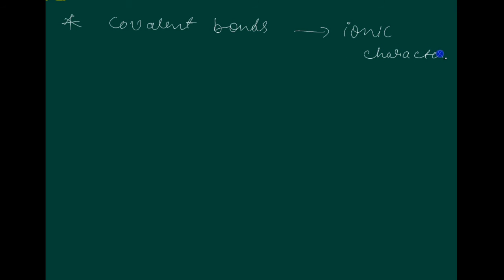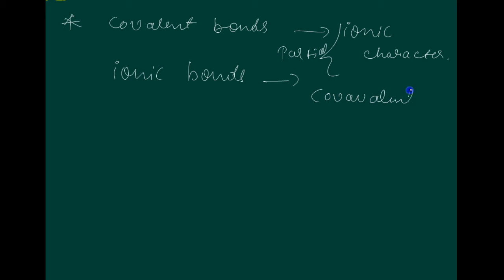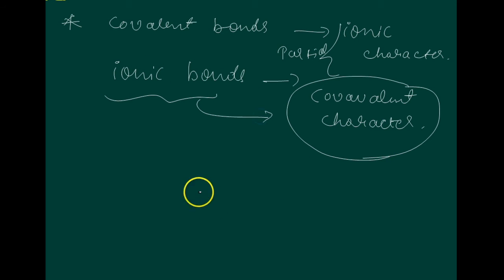Covalent bonds have some partial ionic character, and ionic bonds have some partial covalent character.